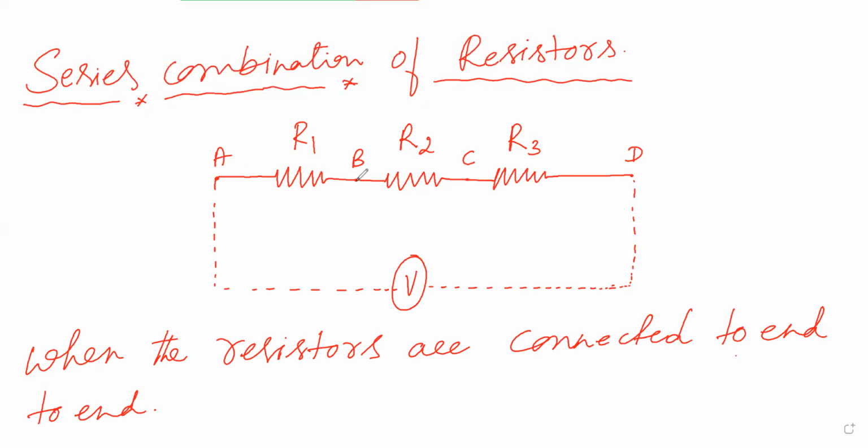For example, B is connected to the second resistor R2, and R2 is connected to R3. In this way, each and every resistor is connected end to end.